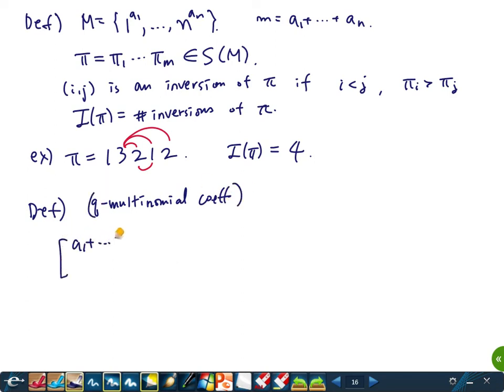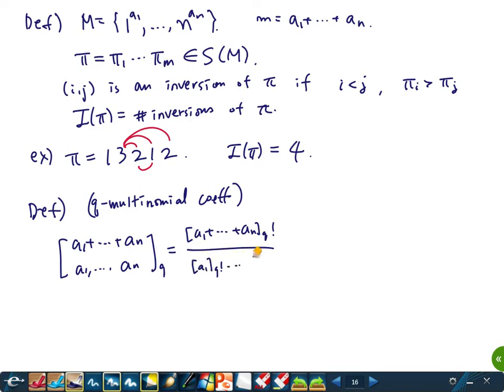It's defined the same way, and this is equivalent, just using the definition like the binomial coefficient.